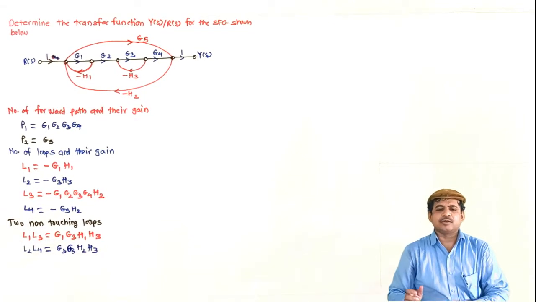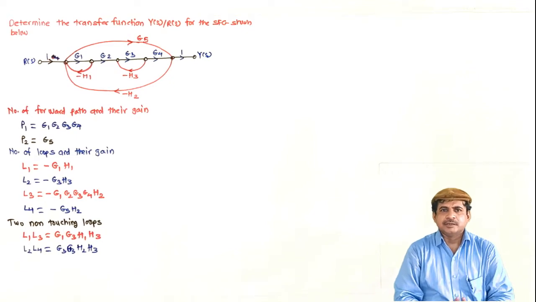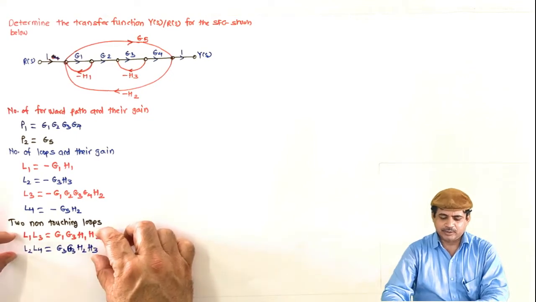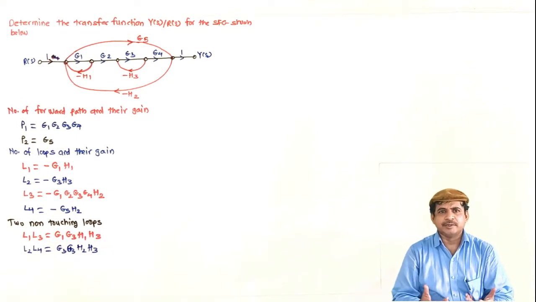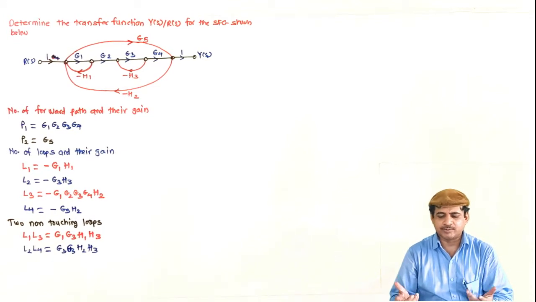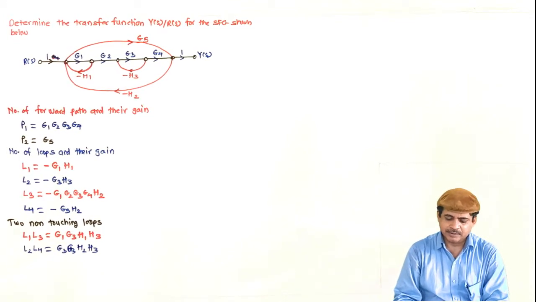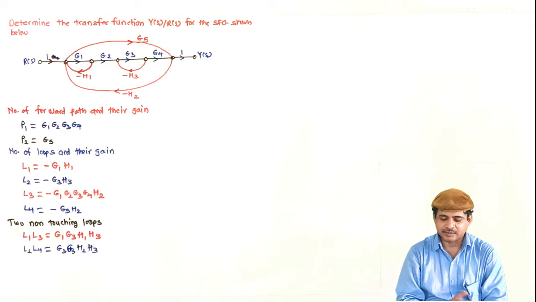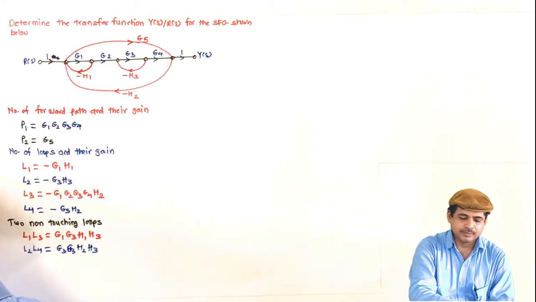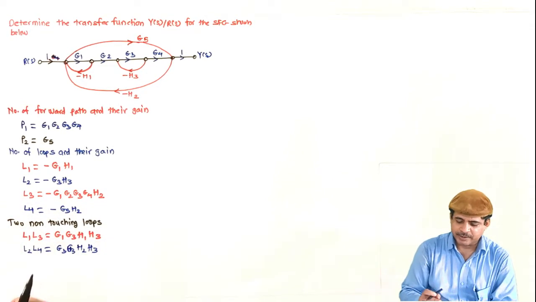So as there are only two non-touching loops, only a pair, there is no possibility of three non-touching loops. It will be possible only when there are three pairs, otherwise not. So it is done. Next is obtaining delta.